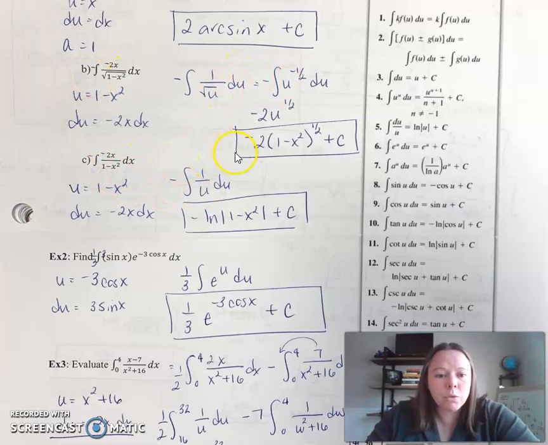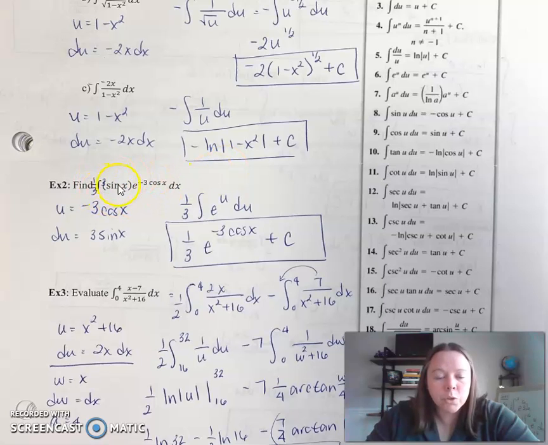Here's another substitution problem, but this one is a little bit more challenging, identifying what is actually the inside and what's on the outside. So in this case, it's the exponent that you want to make your u. And then when you go to find your du, I didn't put the dx there, but usually I put a dx here. Then you look, do I have a 3 sine of x dx?